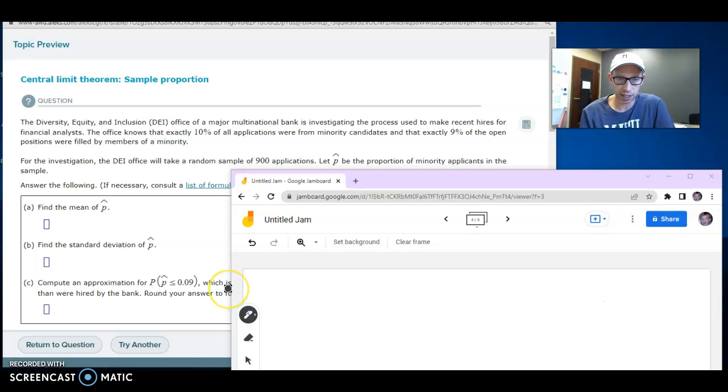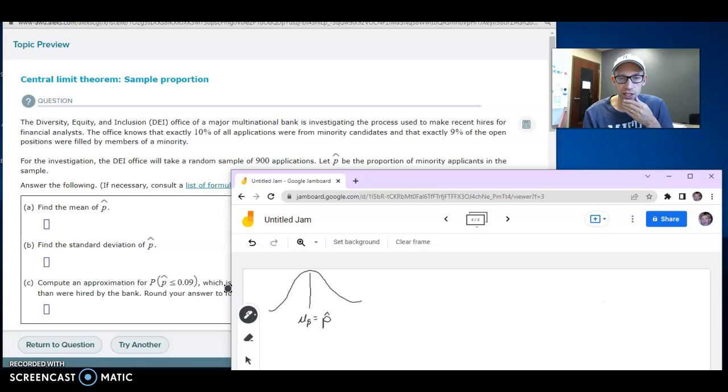Let me write those real quickly. So we know that the mean of this distribution is actually the same as the mean of the original distribution. So in a proportion, it'd be whatever the proportion of the overall population is.